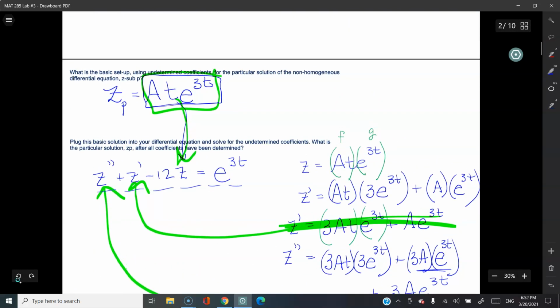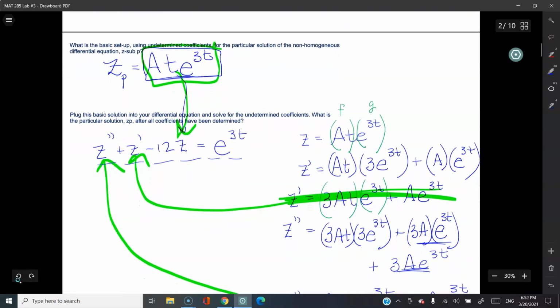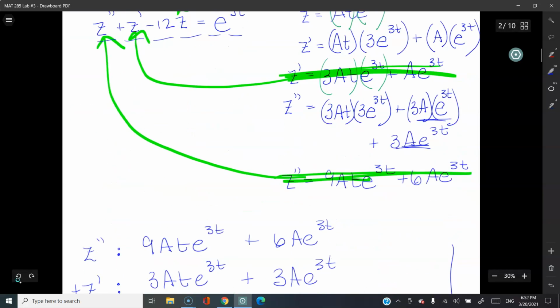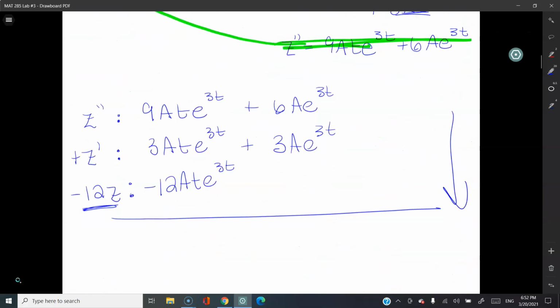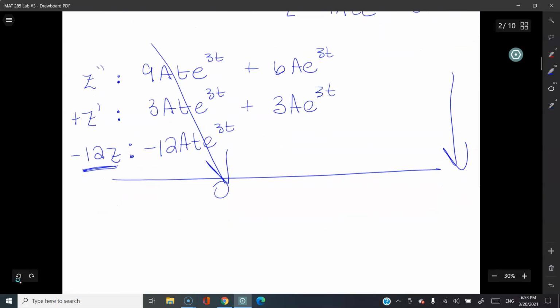So here's my original z. I want to subtract 12 of those. So minus 12at e to the 3t. And if you look, this is going to add to 0, which is wonderful. When we add all of those together, the only thing we're left with is 9a e to the 3t.